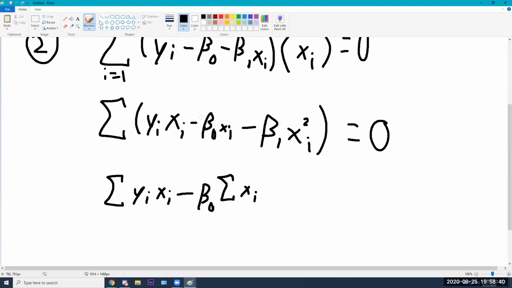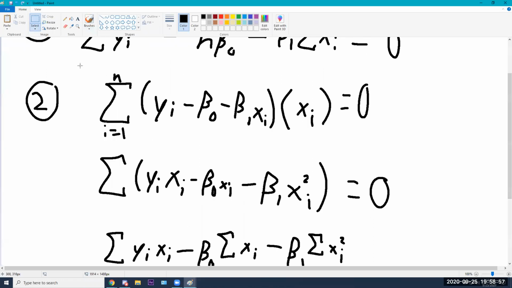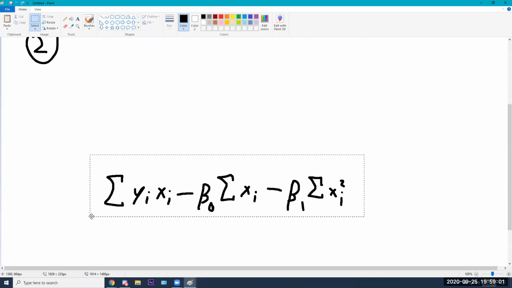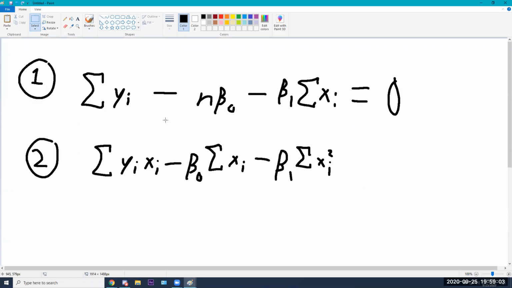We're just getting the sum of this whole thing and then undistributing the beta naught out here. And then minus, again, undistributing beta 1, of xi squared. This is equivalent to everything we wrote before on part 2, all equal to 0.